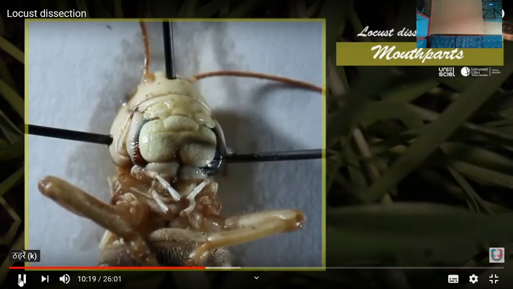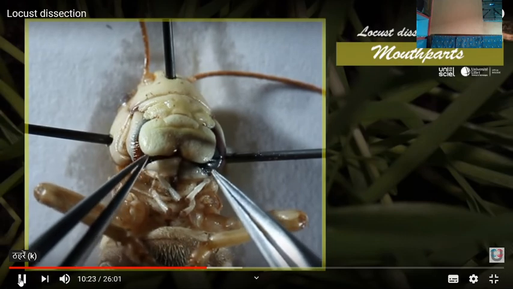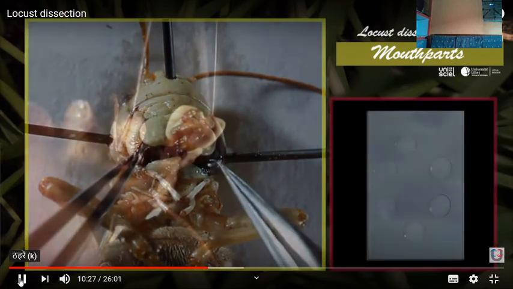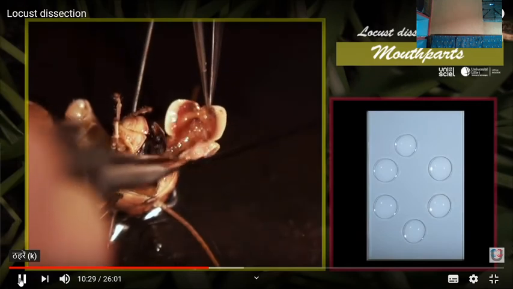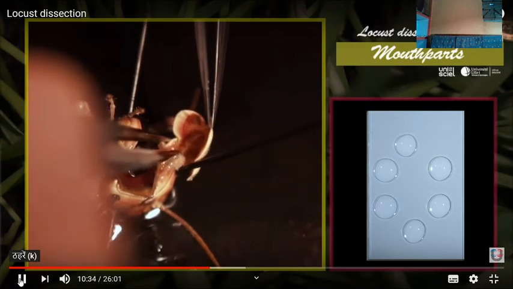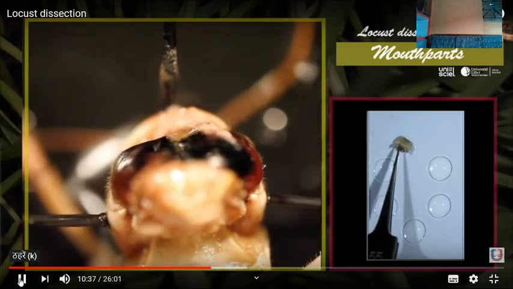These mouthparts will be dissected, then placed in a drop of water on a glass slide to be observed with a binocular microscope. The labrum is cut at its base and then placed on a glass slide.